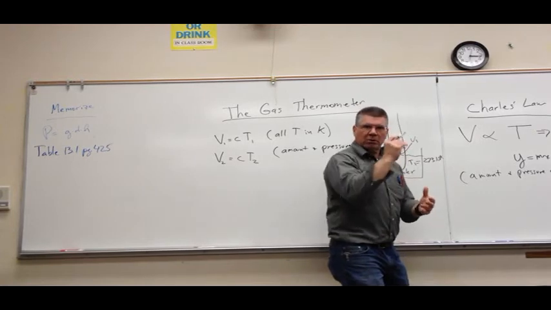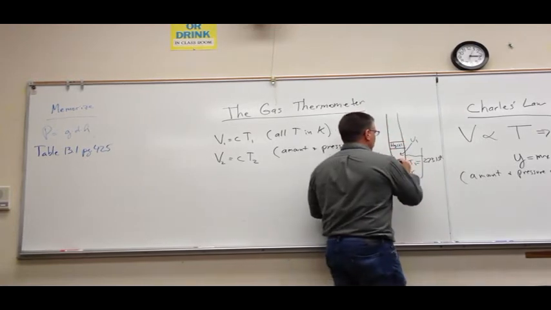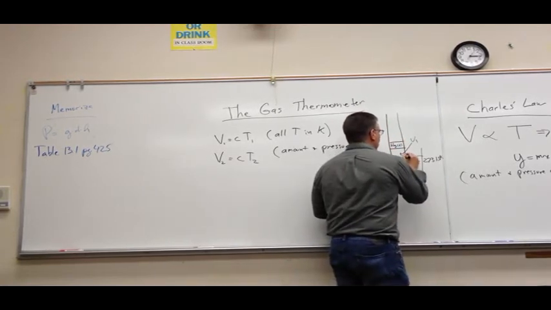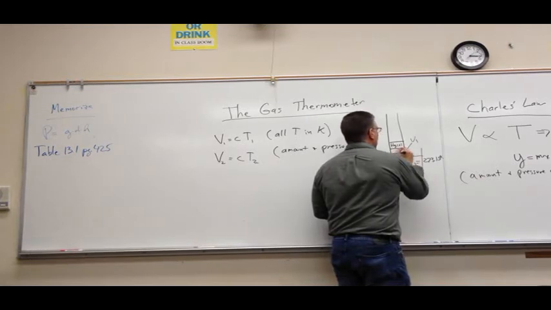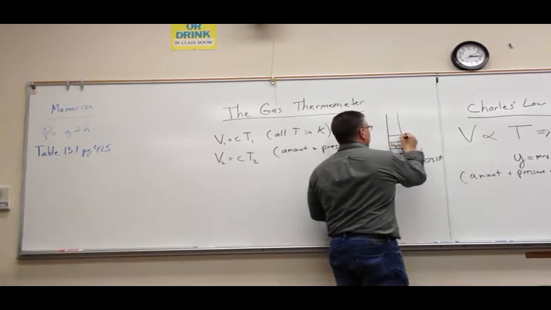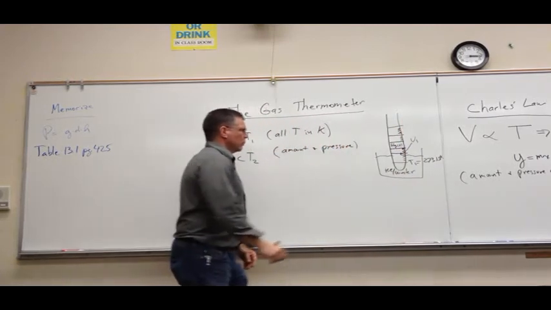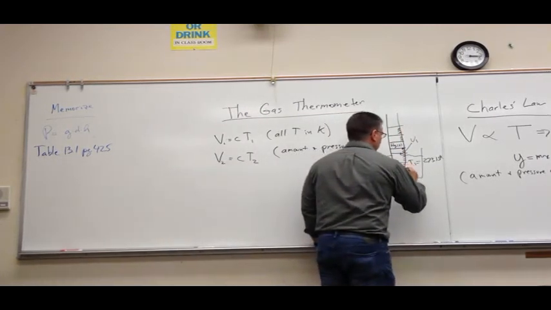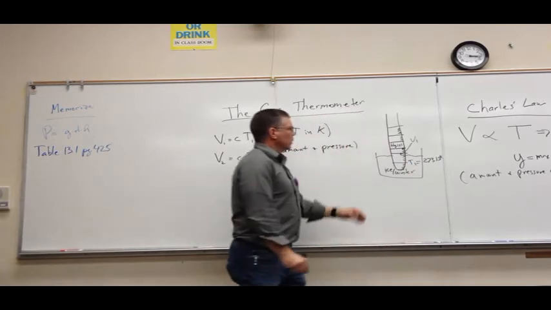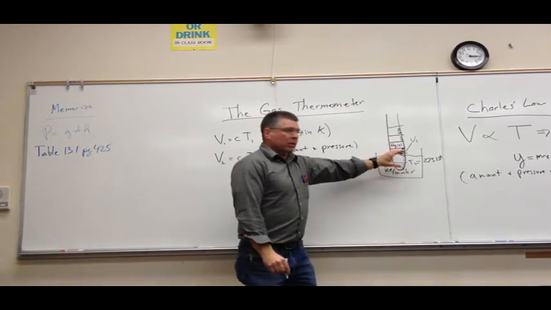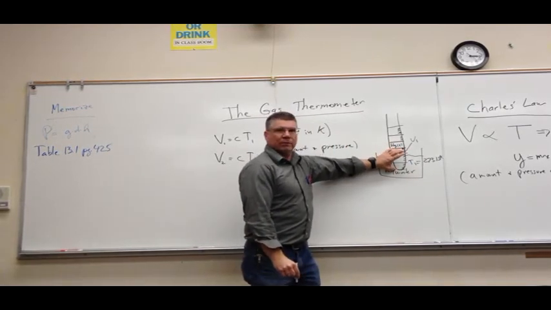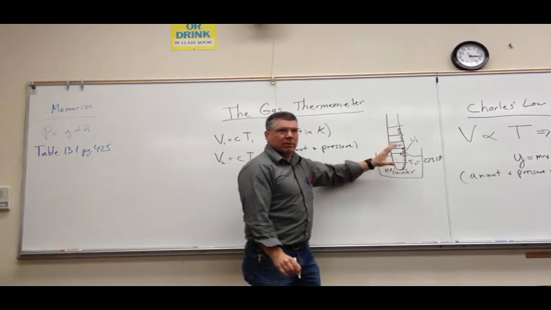It has marks so we can measure the volume. So we look at that and we see what the volume of that gas inside here is. Well, that's our V1.